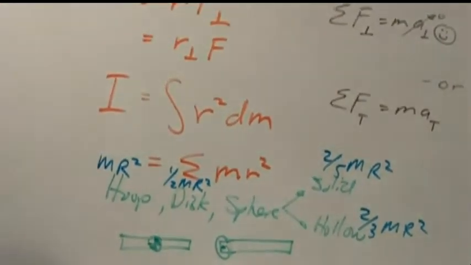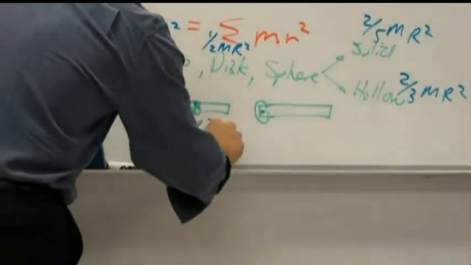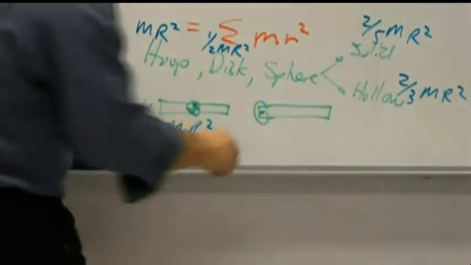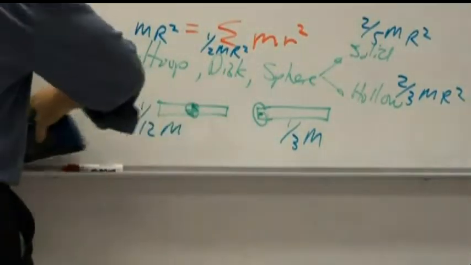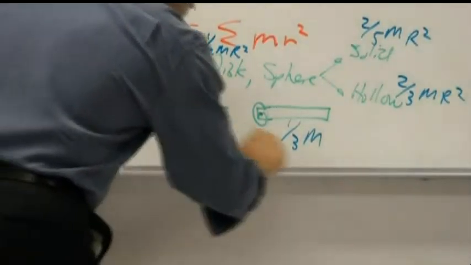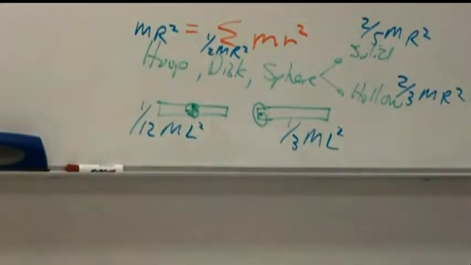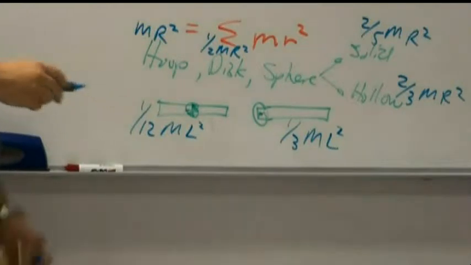For the bar in the middle, 1/12 ML squared. And for the bar at the end, 1/3 ML squared. Length, because there's not really a radius. It has no radial geometry, so we just use length. All right.